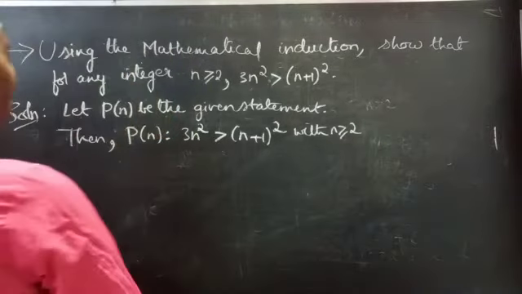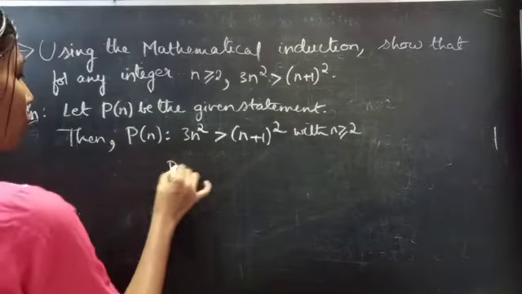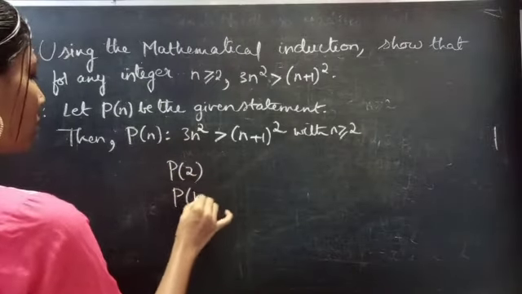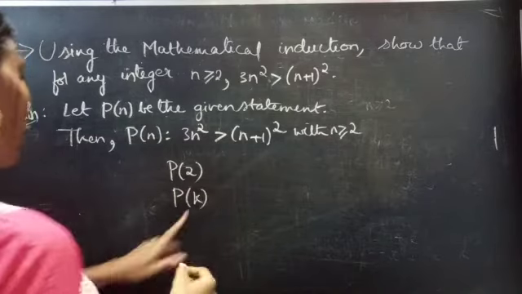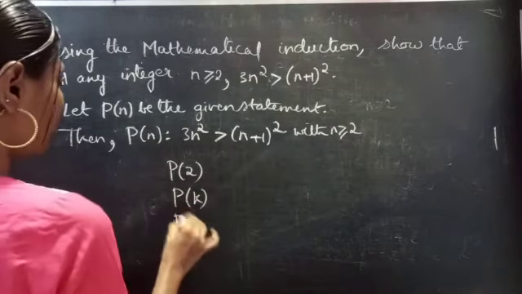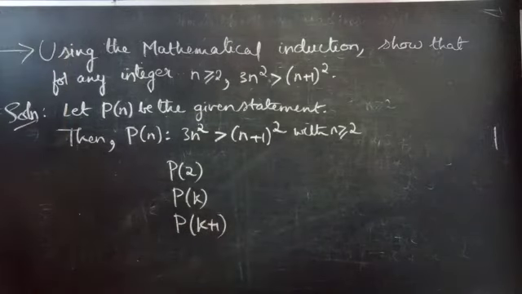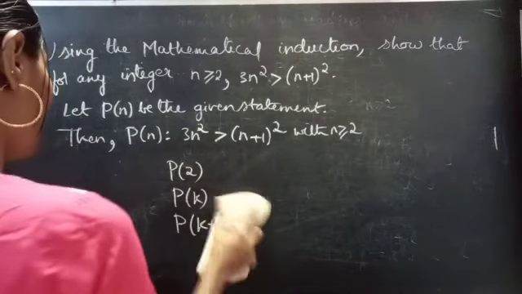So here we'll show that the statement is true for n equals 2, and we'll assume that the statement is true for some n equals k, and we'll prove the statement is true for k plus 1, that is for n equals k plus 1.